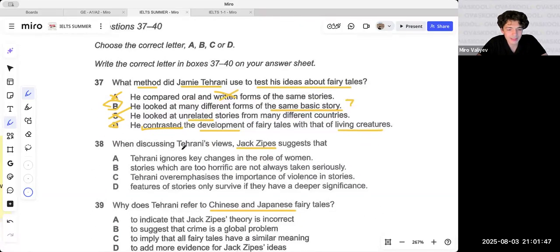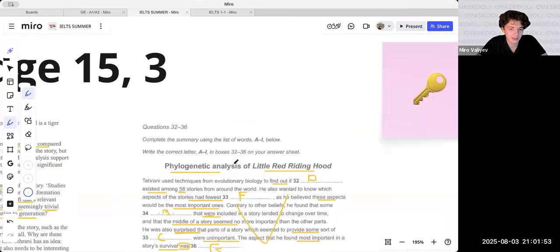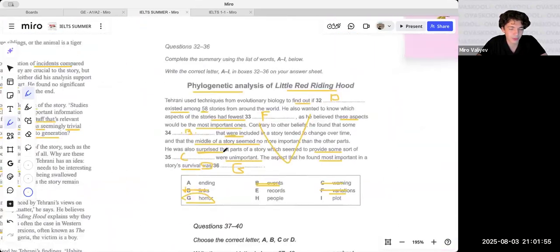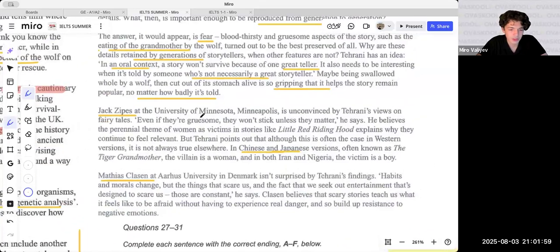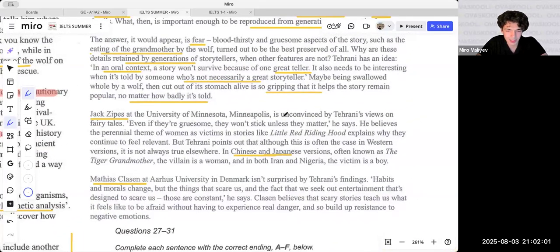All right, when discussing Tehrani's views, Jack Zipes suggests something, right? So Jack Zipes tells his thoughts to us. Let's read what he says. Jack Zipes is unconvinced by Tehrani's views, so he rejects the ideas, and he says, even if they are gruesome, they won't stick unless they matter.